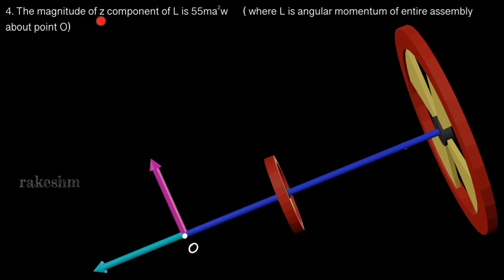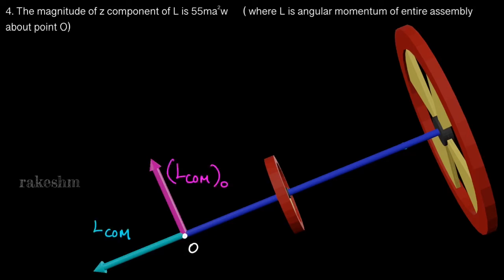It says the magnitude of z component of L is 55 ma square omega, where L is the angular momentum of the entire assembly about point O. So we see that this is point O and this L is the angular momentum of the entire assembly about point O, and we need to find the z component of the angular momentum.